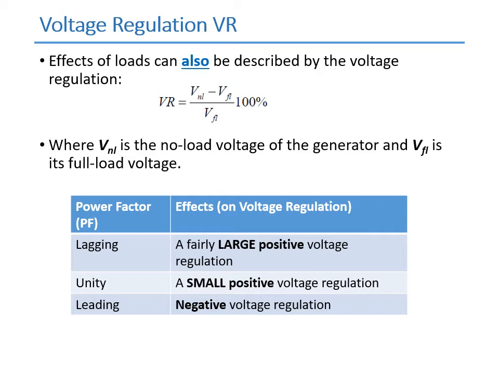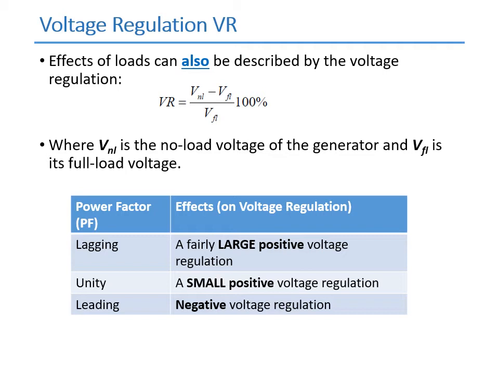Because the voltage regulation is given by the no load voltage minus full load voltage divided by the full load voltage times 100%. Okay, and these voltages are closely linked to the phase voltage of the generator, right? So as the effect on the voltage regulation, when the power factor is lagging, you will have a fairly large positive voltage regulation.